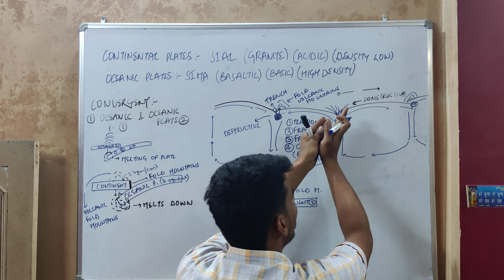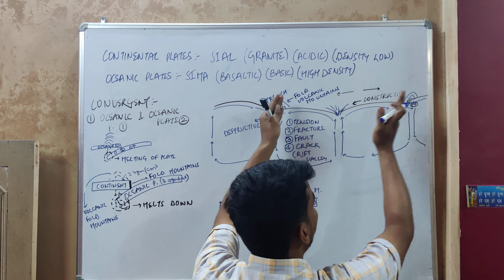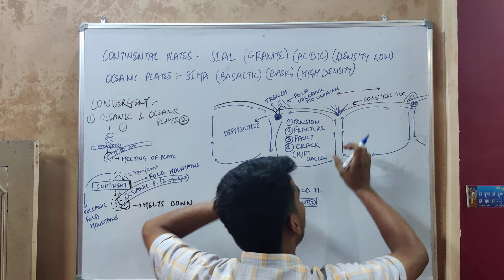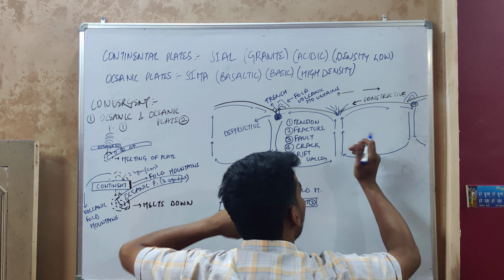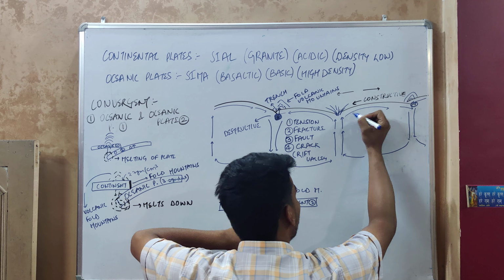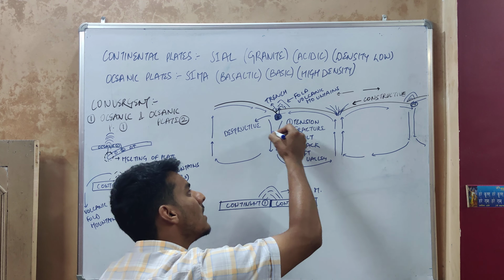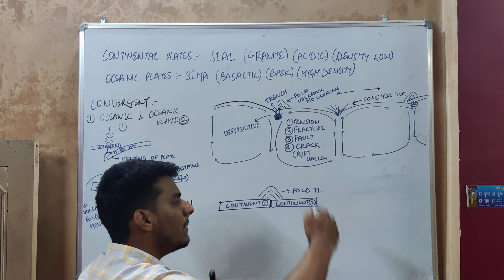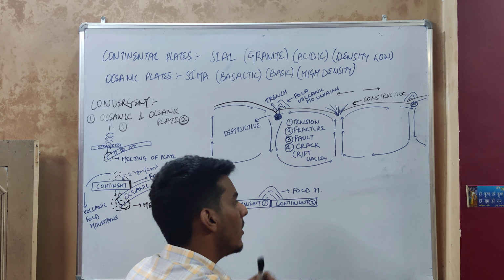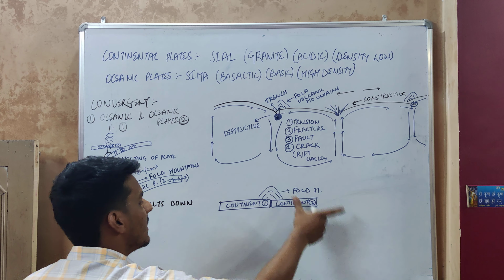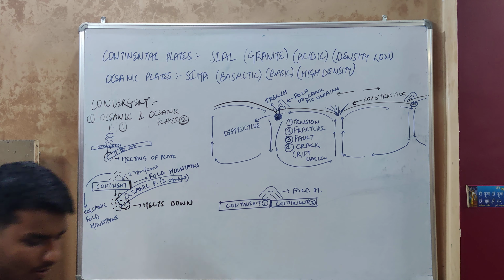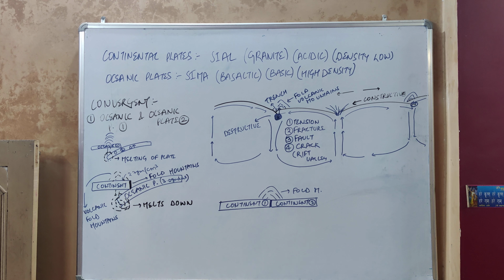Then this part which is solidified will move away, all right. Then more solidification will happen. There is a construction here, but there is a destruction here. So oceanic plates keep on destroying and keep on building, but there is no such thing with continental plates. So you have to know this reason, that oceanic plate rocks are new in nature, right?